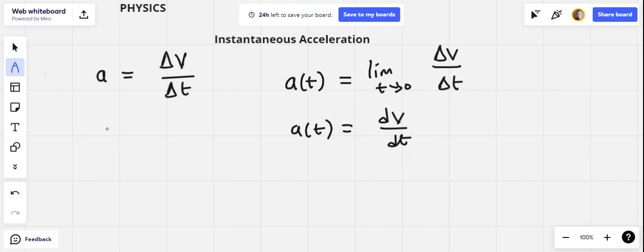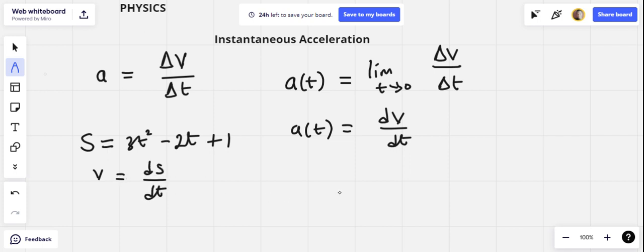However, if you were not given velocity in the form of an expression, and instead you were given a displacement s equal to a certain equation, maybe 3t squared minus 2t plus 1, you know that your instantaneous velocity is ds/dt.